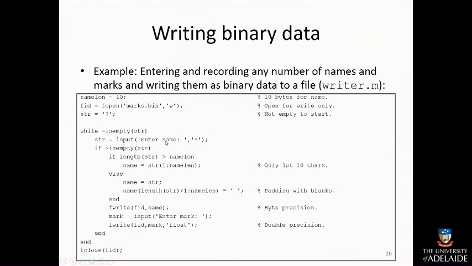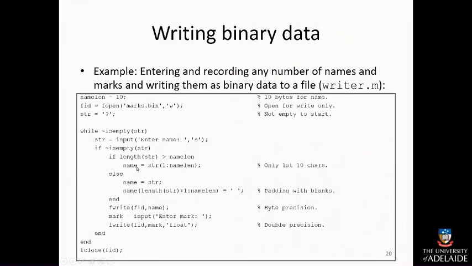So this is about the input of the name, and then if the string is not empty, then we are going to check one more condition. Remember that we defined the name length in the beginning, that it should be 10 bytes. So if it is more than 10 bytes, what is going to happen then?